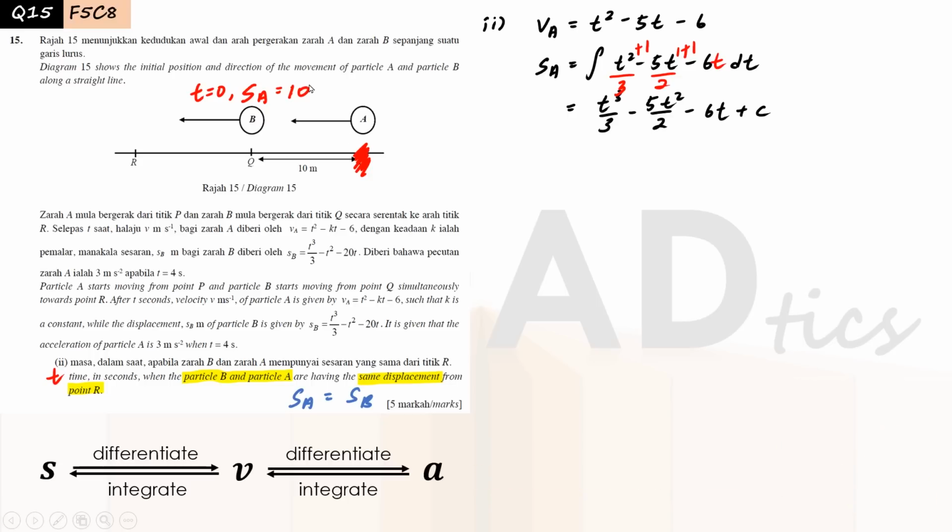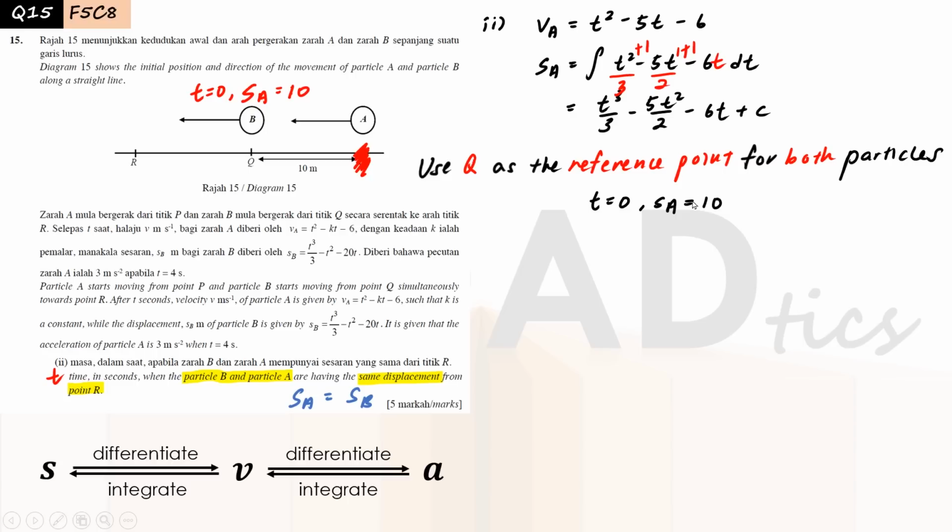Okay, so now I'm going to substitute this into this equation here to find the value of C. So now if we use Q as the reference point for both particles, we can use this information and substitute inside this equation. So t equals 0 will cause everything here to be 0.